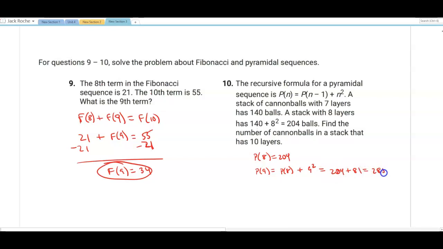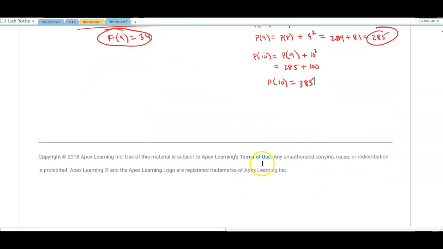That is 285. So now to find P of 10, I need P of 9 plus 10 squared. Well, what was P of 9? P of 9 is 285 plus 100. Therefore, P of 10 is going to be 385 cannonballs in the 10th layer.